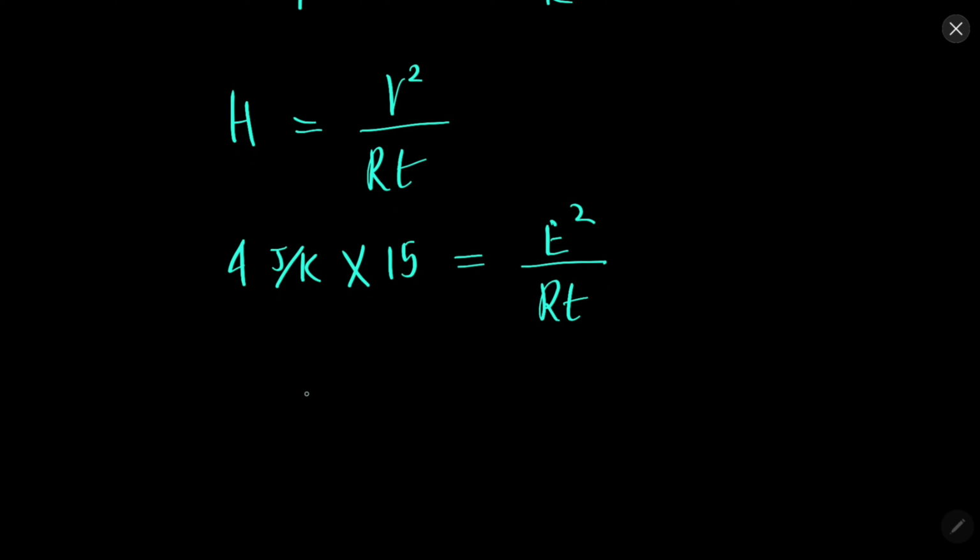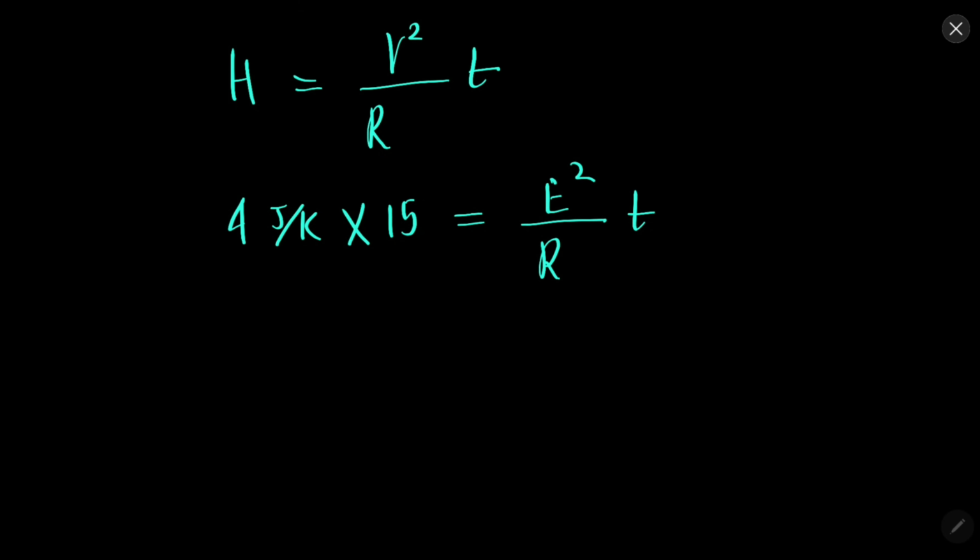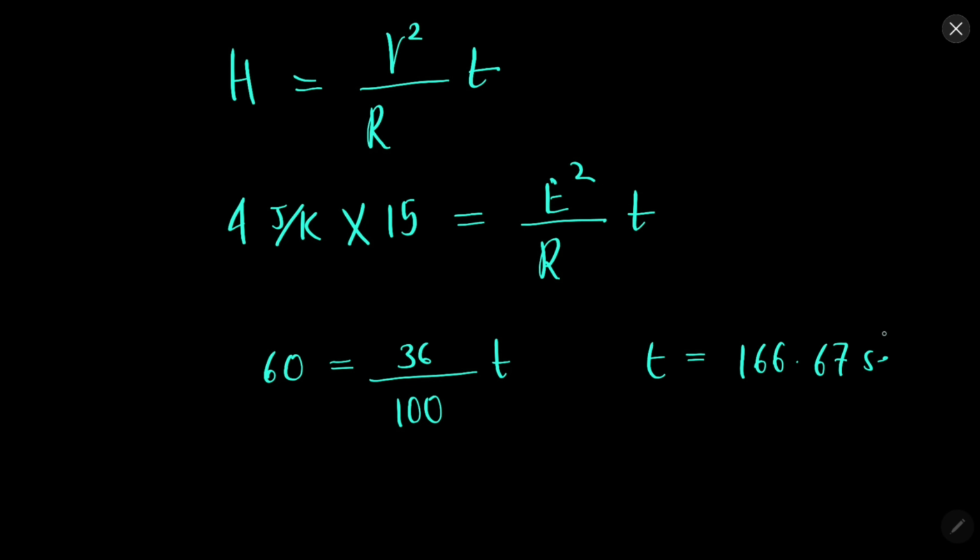Once you put all the values, you will find this T. So 60 equal to E square, that is 36, 6 square is 36, resistance is 100, into T, so T will be approximately 166.67 seconds.